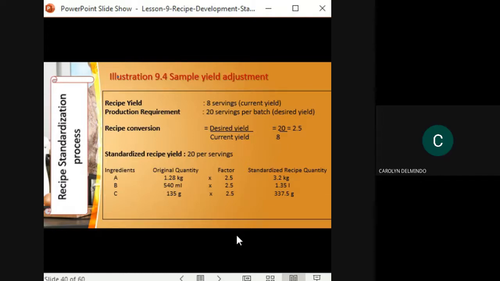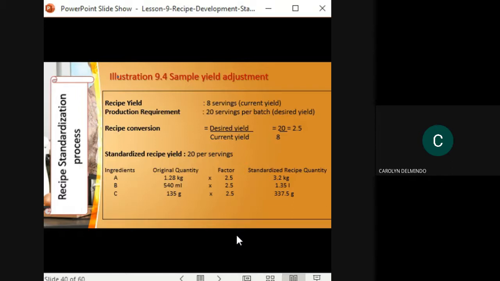Ang ginawa ni Remaline is, kinonvert muna niya sa liters, tapos multiply niya sa factor. Same din naman yung makukuha doon. Yung way na diniscuss ni Ma'am Kate, ml muna, 540 times 2.5, makukuha nyo is 1,350 ml. Then convert to liters, maging 1.35 liters since ang 1 liter is equal to 1,000 ml. Kung mapapansin nyo po sa recipe development, iba-iba po yung unit niya, depende kung liquid or solid.